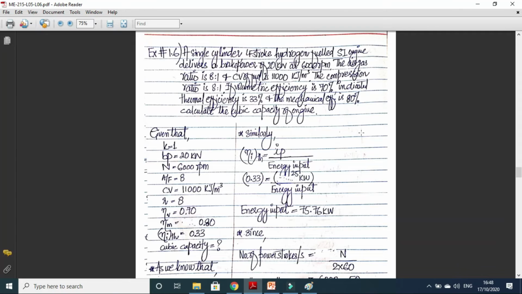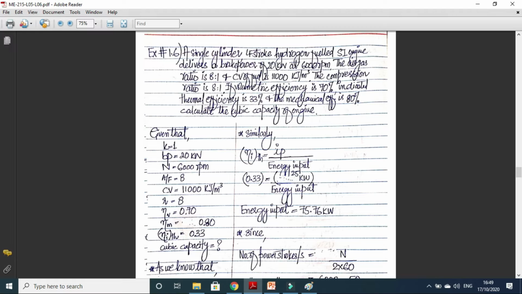Now, what was the formula for the cubic capacity of an engine? For cubic capacity of the engine, you need to know the swept volume, because if you multiply the swept volume with the number of cylinders, then you can get the cubic capacity. So you need to find the swept volume, and we can find the swept volume with the help of volumetric efficiency, because in volumetric efficiency we have the actual volume of air to the maximum or theoretical volume of air, and theoretical or maximum volume of air is actually swept volume.